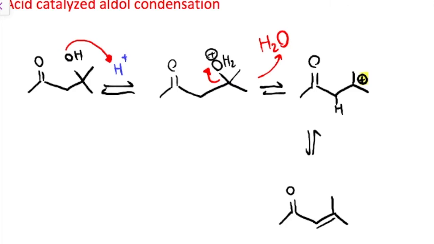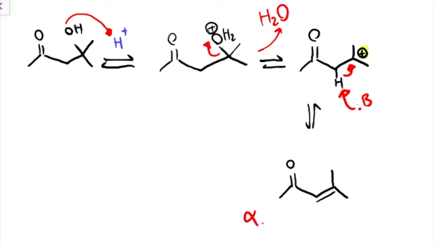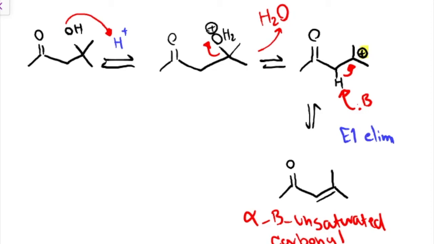And in the next step, this just gets deprotonated, and we form the double bond here. So again, this is our alpha beta unsaturated carbonyl. And this step is done through an E1 elimination. Make sure you review it if you're not sure what that is.